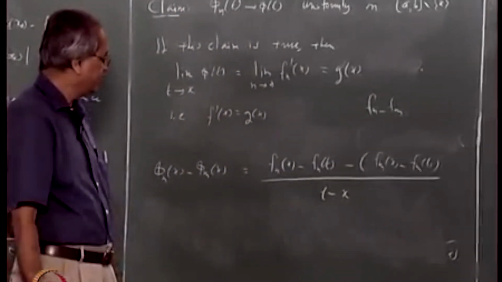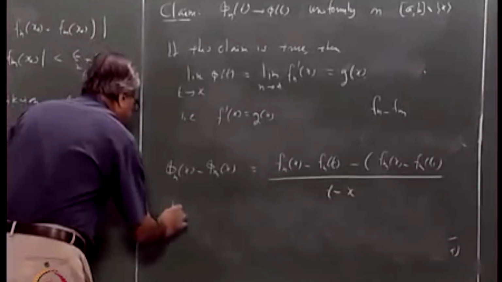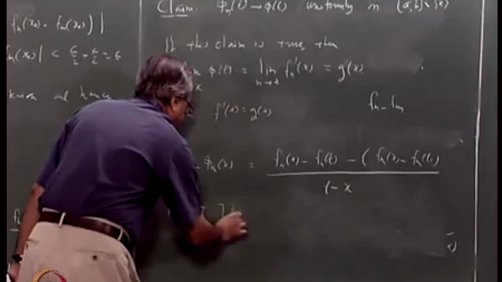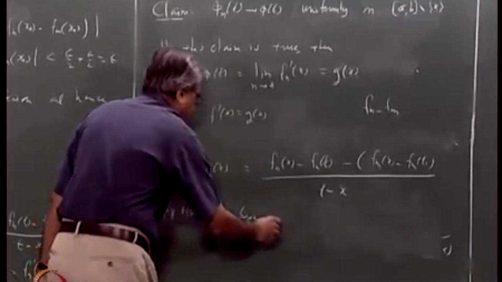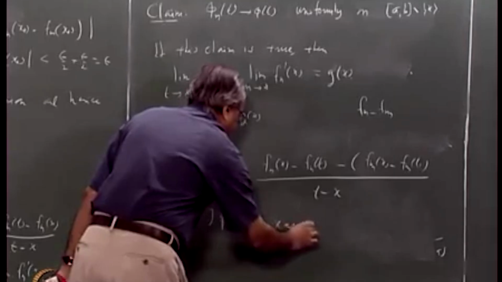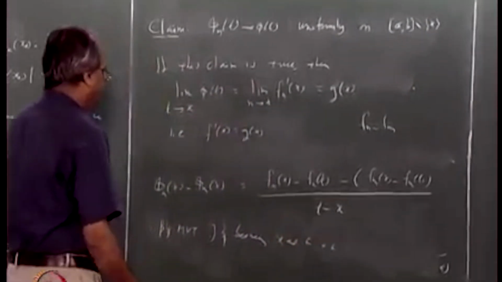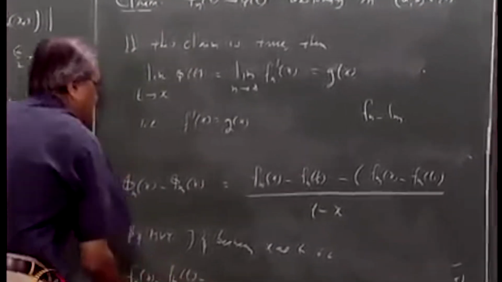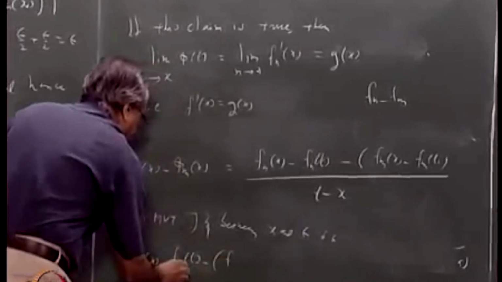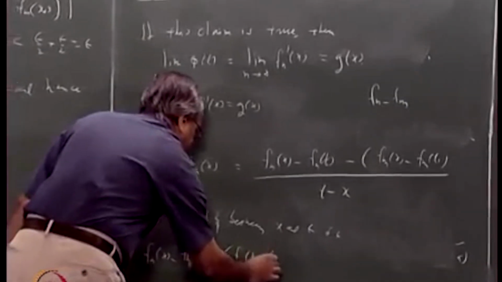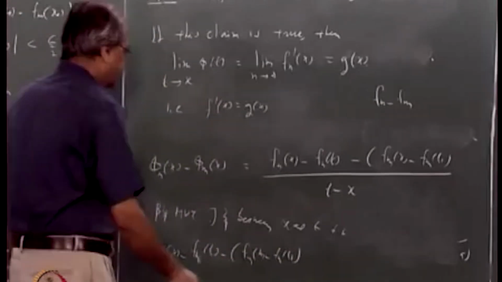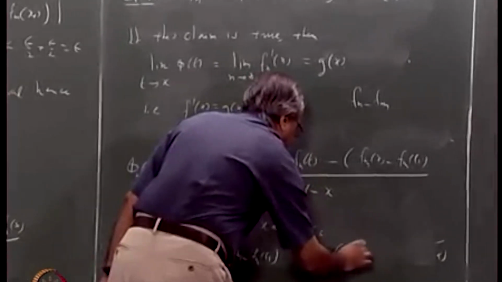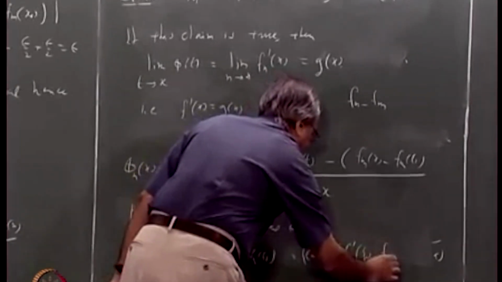So what we can say is that by the mean value theorem, there exists xi between x and t such that Fnx minus Fnt minus Fmx minus Fmt is nothing but t minus x into Fn prime at xi minus Fm prime at xi.